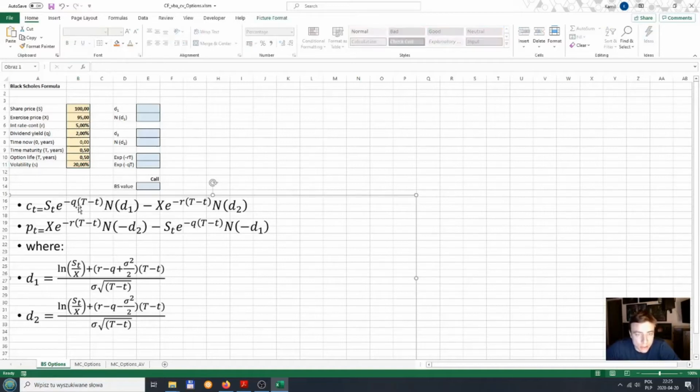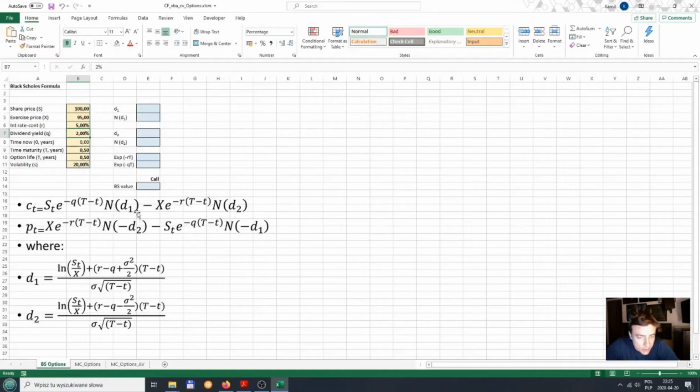Please note that if you have a position in underlying instruments, you have the right to receive this dividend. If you have an exposure with a derivative instrument, with options, you don't have this right. So you need to incorporate this discounting for the dividend yield you won't receive into the price of your instrument. You won't get the dividend.